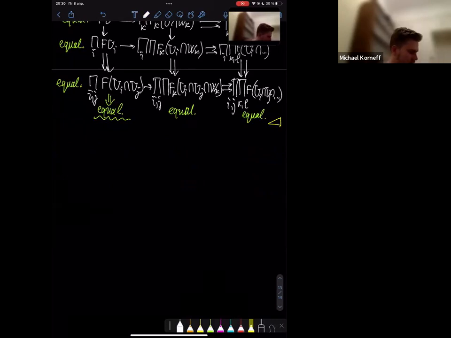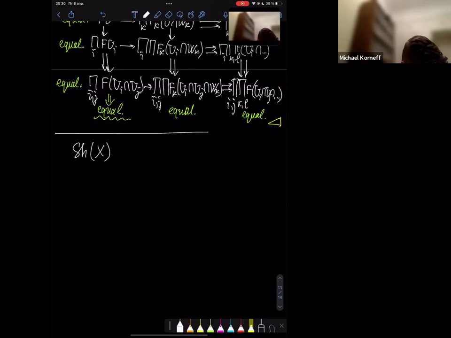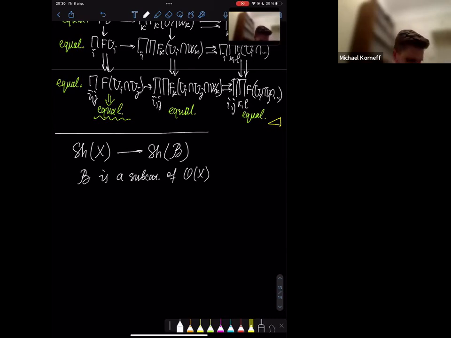But first of all, consider the statement which tells us that for a basis we have an equivalence of categories, where B is a subcategory of the category of all open sets such that B is a basis of the topology.